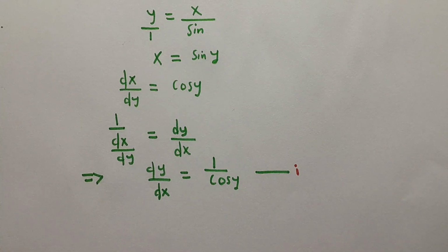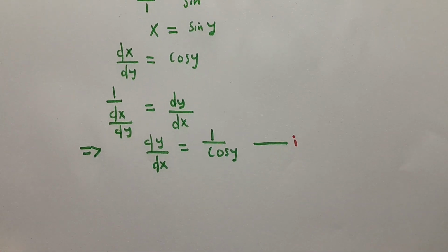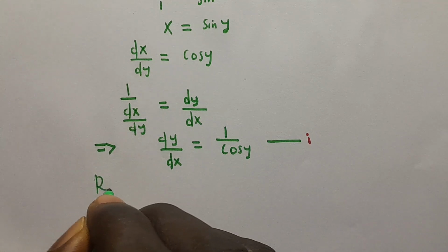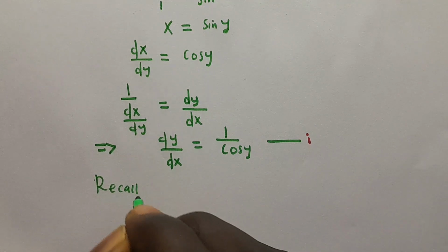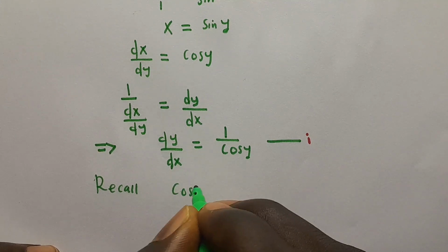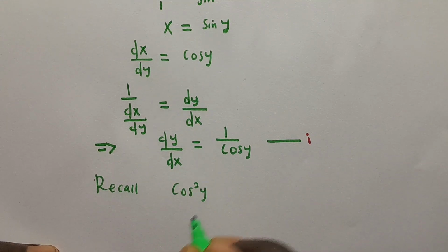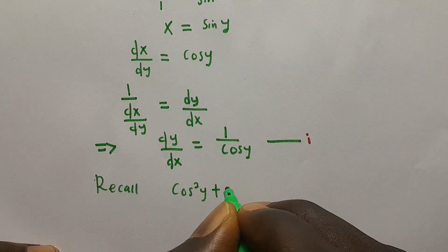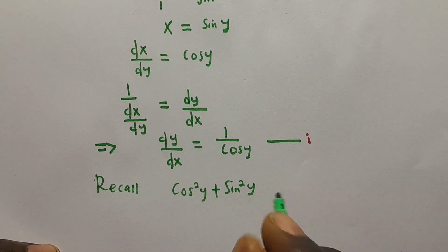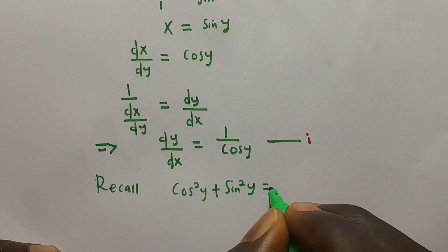And likewise, recall from the trigonometry identity that cos squared y plus sine squared y always equals 1.